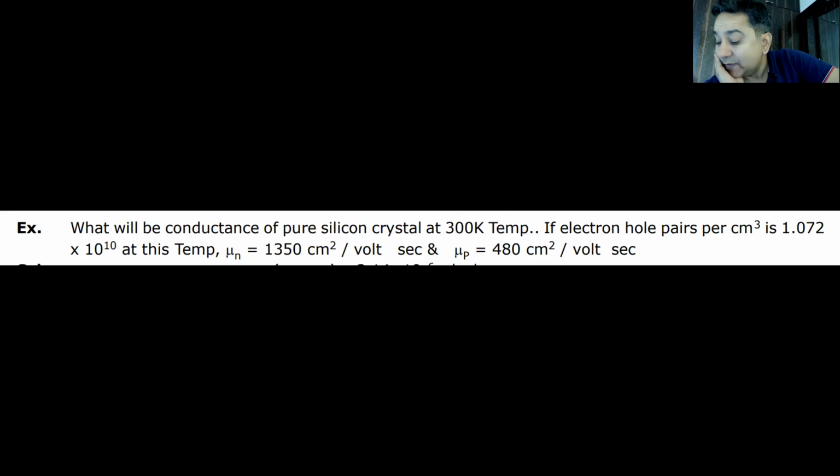The question is, what will be the conductance of pure silicon crystal at 300 Kelvin? Electron hole pairs per centimeter cube is 1.072 into 10 raised to the power 10. Mobility of electron and mobility of hole are given.